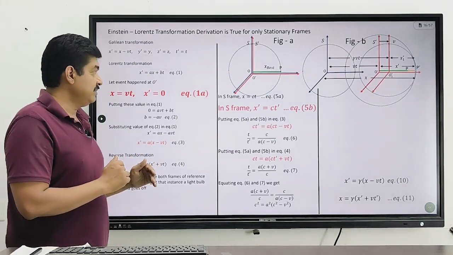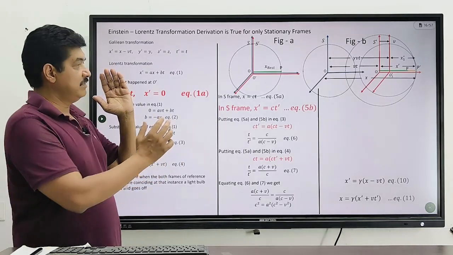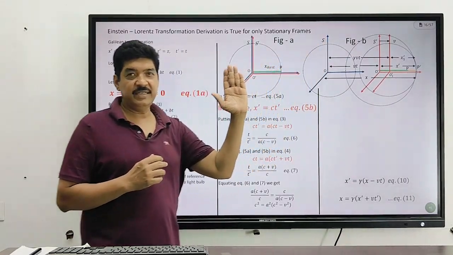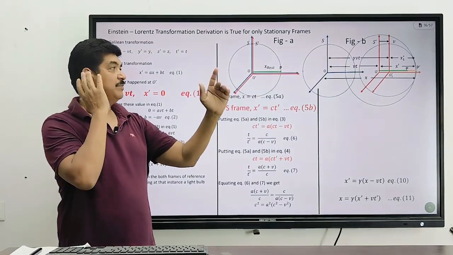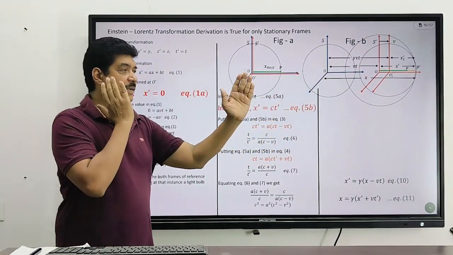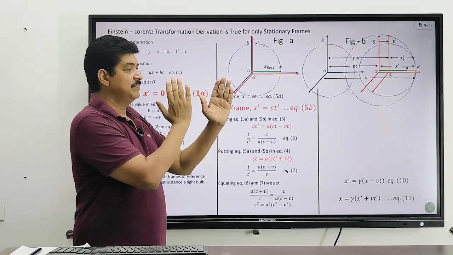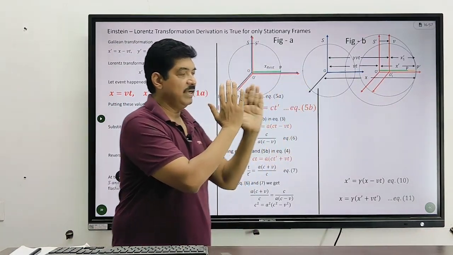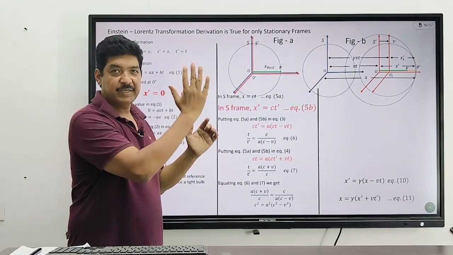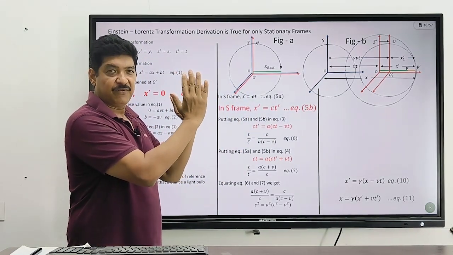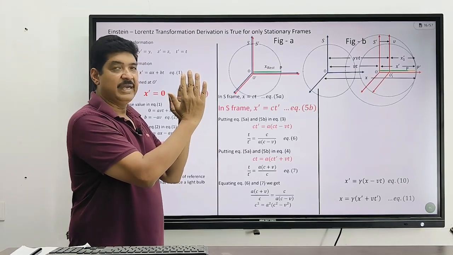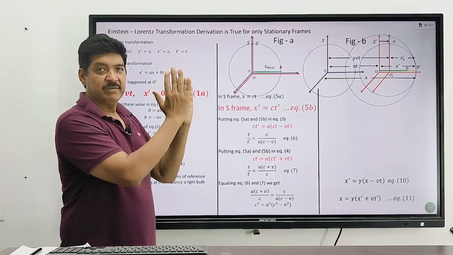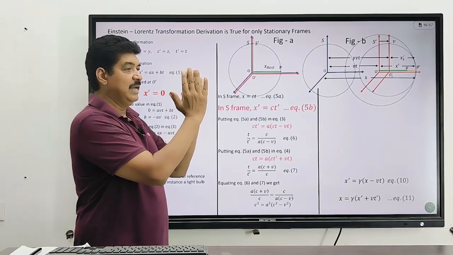They have visualized that there is a stationary frame of reference, and there is another frame of reference coming from behind, and when the origins coincide, there is a flashlight in the moving frame of reference. There is a flash, some event happening, and it is registered by the observer in the stationary frame of reference, and it moves away.